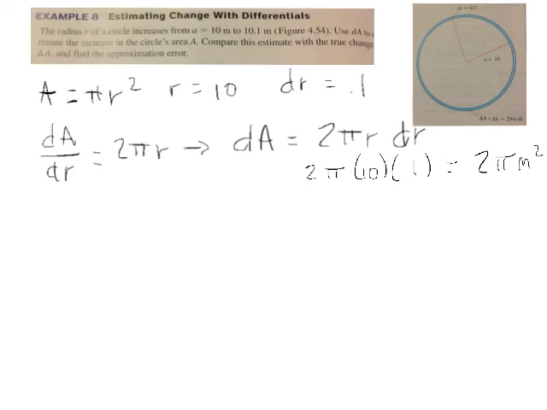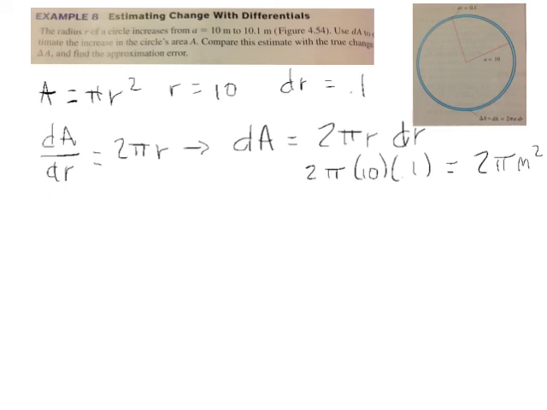So true change then. The true change is the actual change in area of the two things. So we would take our area formula, again this guy right here, and we would substitute in 10 and 10.1.